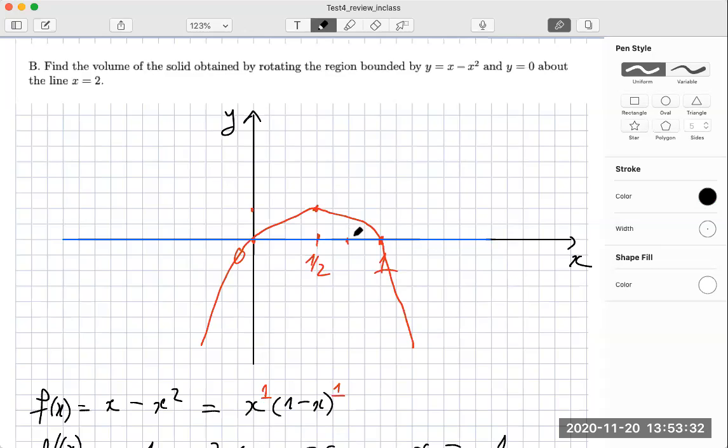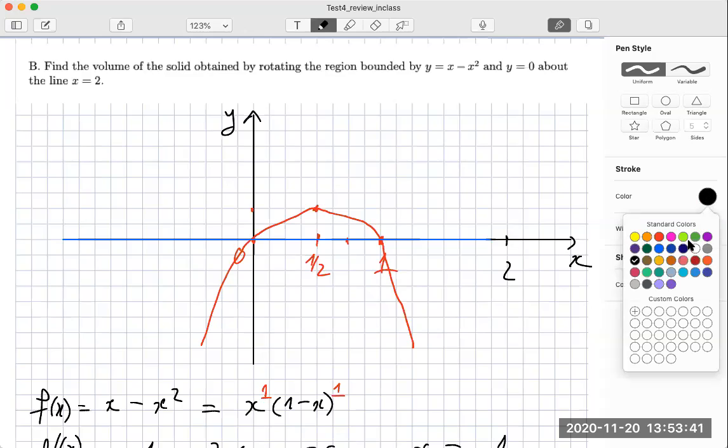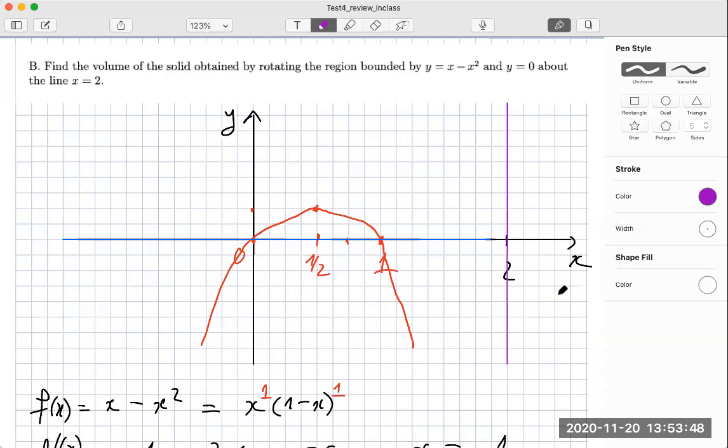One and 2 is here. So at x equal to 2, it should be like this, okay?